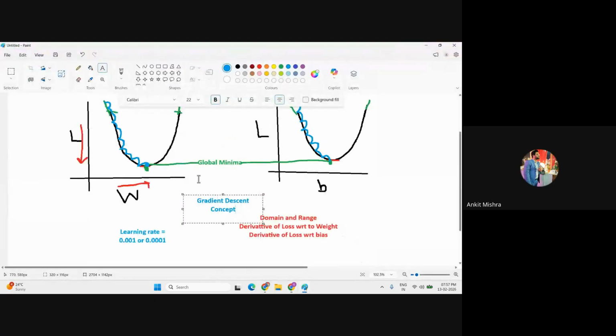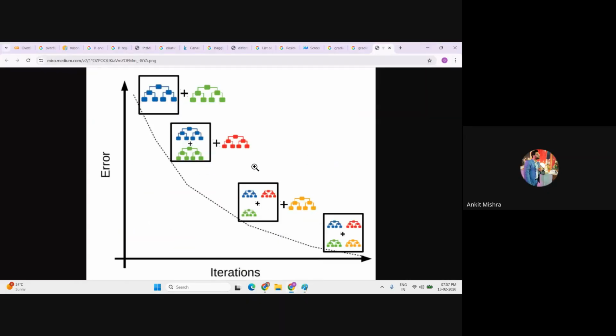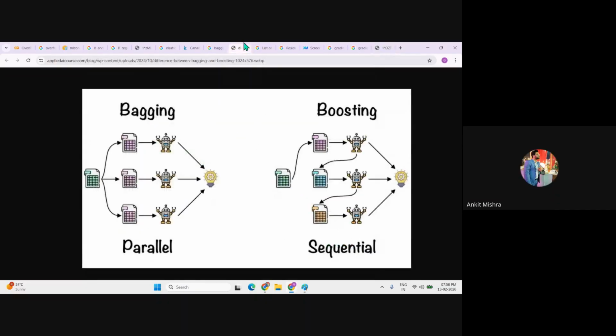So it's like the gradient descent boosting concept where the next model will be more accurate than the previous model. That is the reason we refer to this as a boosting technique, where the weak learner turns into a strong learner, and finally the strongest learner at the end of this boosting algorithm, right?